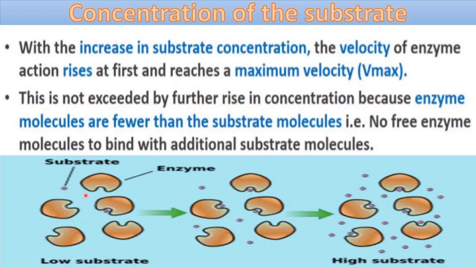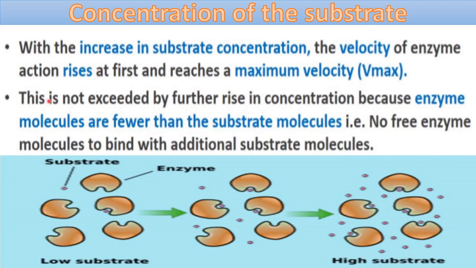Now if we increase the substrate concentration, these 3 free enzymes will also get occupied, like you can see here. If we are increasing the substrate concentration, then these enzymes will also get some work, and rate of reaction will increase. Now what will happen if we further increase the substrate concentration? Because all the enzymes are occupied, there will be no further increase in the velocity of reaction, right?